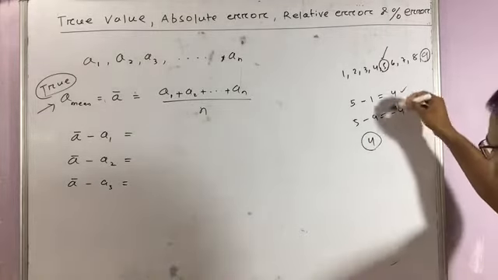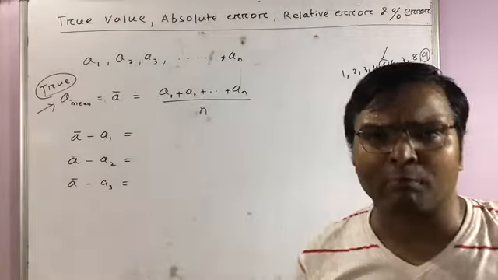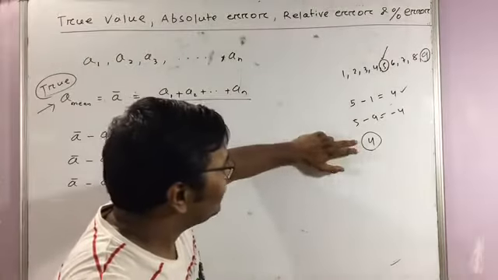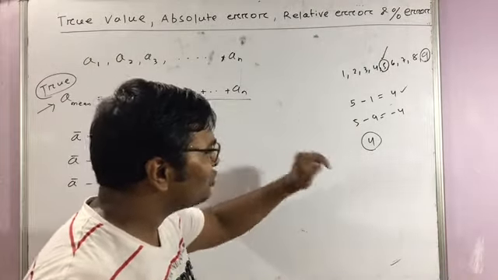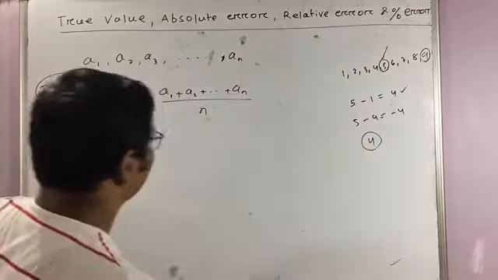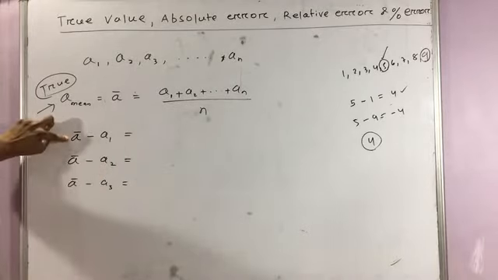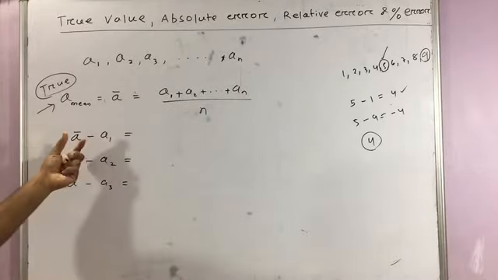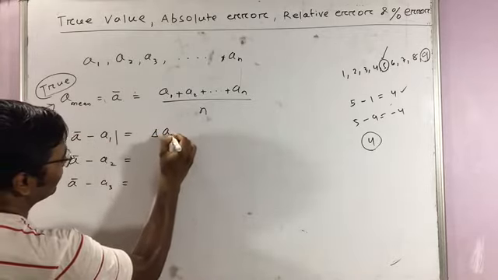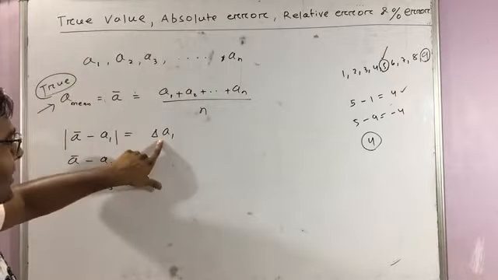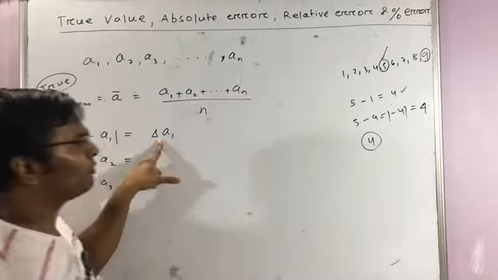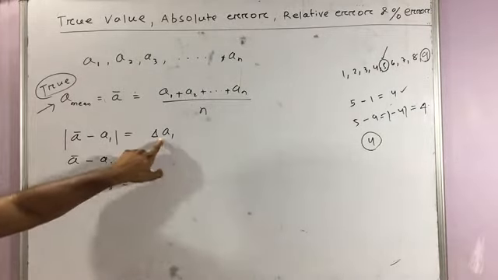See, there are two varieties of errors: one is a positive error and the other is a negative error. Clear? But if you take the mod of it, means magnitude of the error, in both the cases it is 4. And the mod of the difference between the true value and the measured value, you are going to get your absolute error. So 4 is the absolute error.